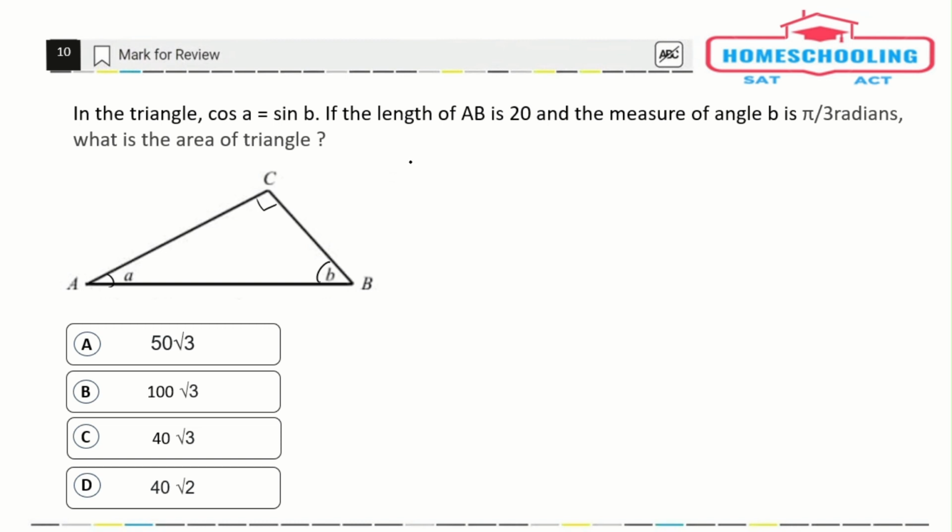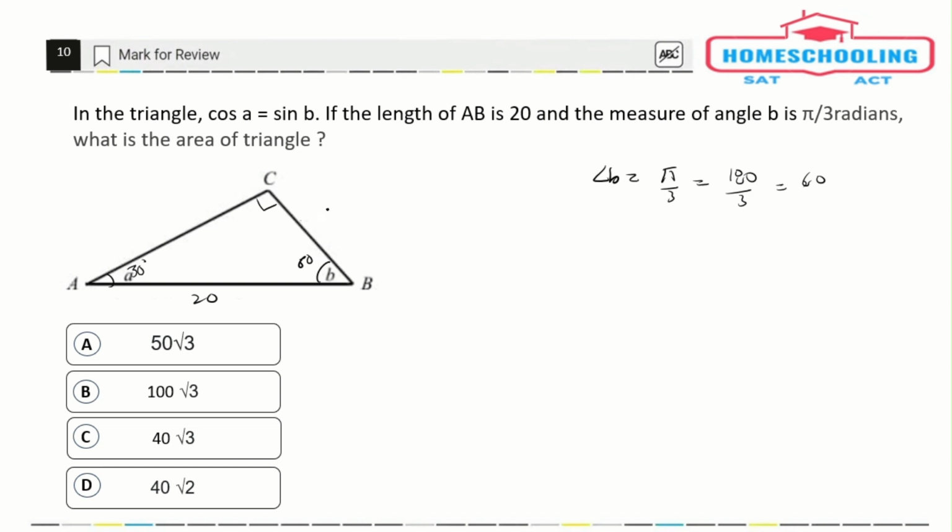If the length of AB is 20, and angle B is pi by 3 radian, if we convert it into degree, that would be 180 degree by 3. So this is 60 degree. So angle B is 60 degree, and this is 90 degree. Hence this one would be 30 degree.